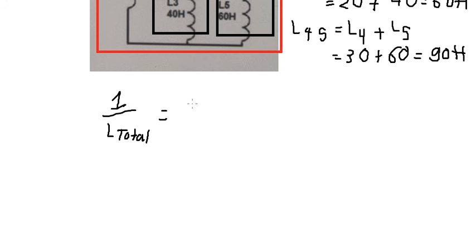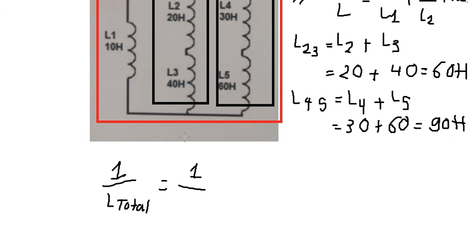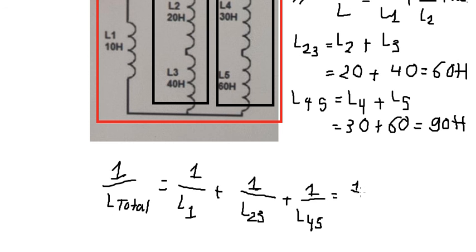That should be 1 over L1 plus 1 over L2,3 plus 1 over L4,5. So we just put the values in here. L1 we have 10, L2,3 we have 60, and L4,5 we have 90.